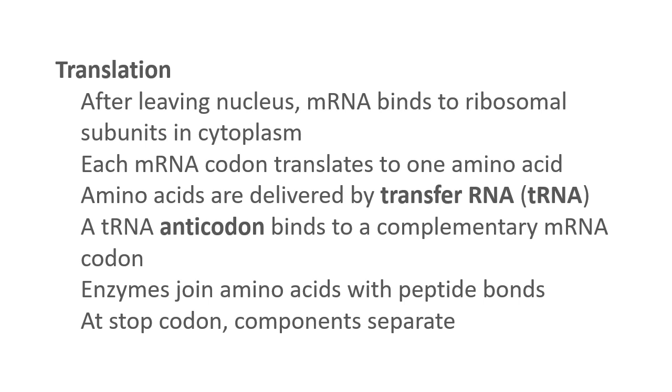And those specific amino acids are delivered by another RNA called tRNA, or transfer RNA. And on the tRNA, it has what's called an anticodon, which is the complement of the base pairs for those triplets of the codon. It's complementary to the mRNA's codon. And now enzymes join amino acids together with peptide bonds, and then a stop codon stops it.